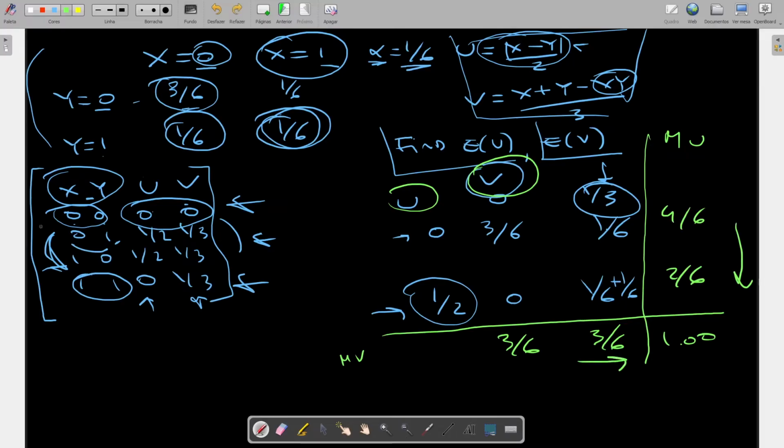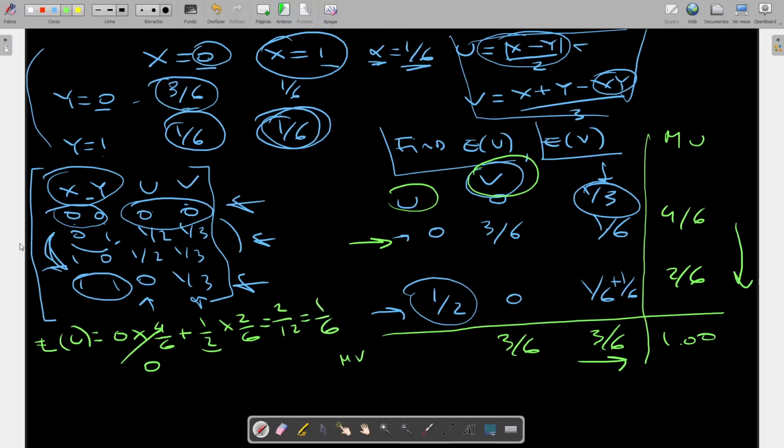So this is right. In order to find the expected value of u, since we now have the marginal distribution, you just use the entries. So the first one is 0, so it's 0 times 4/6 plus the other entry, 1/2 times 2/6. So this is equal to 2/12, which is the same thing as 1/6.